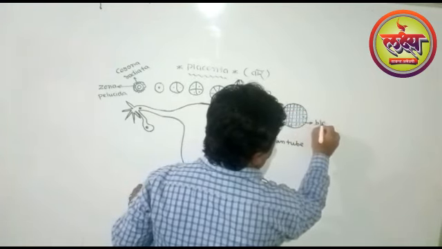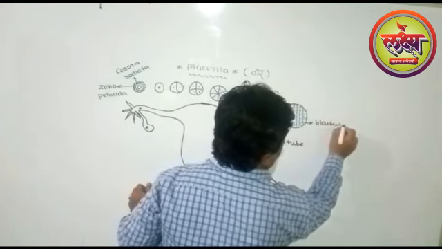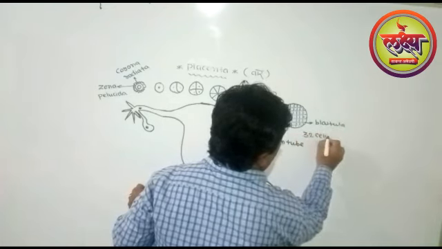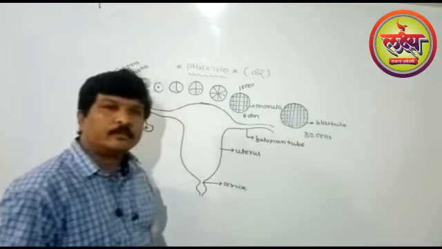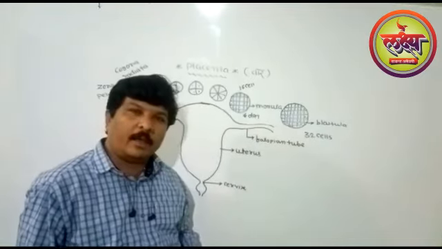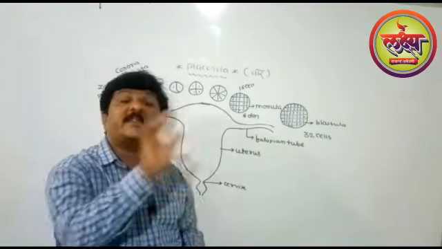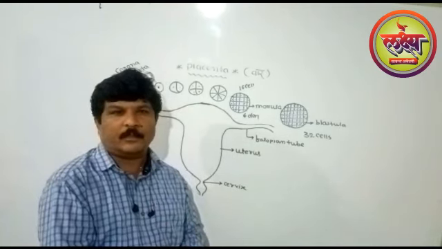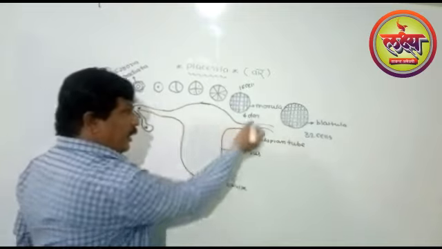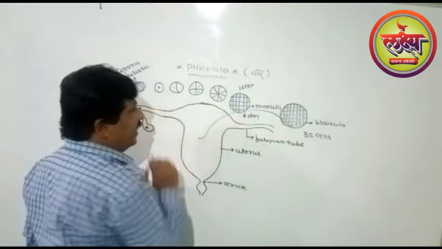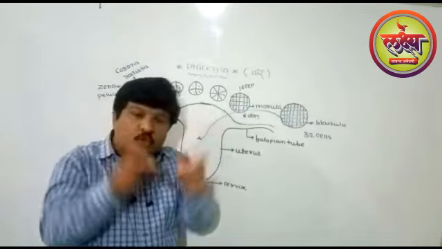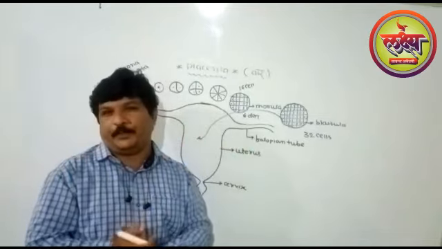This blastula has 32 cells. This blastula is externally covered by the zona pellucida. When it reaches the uterus, the outermost zona pellucida starts to disintegrate.